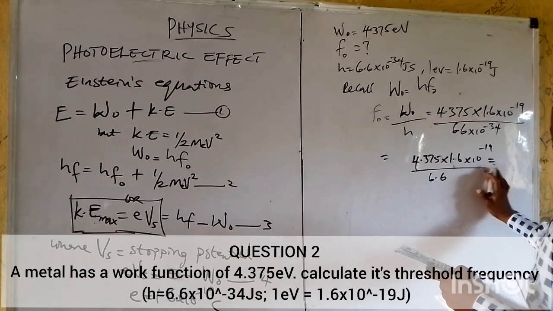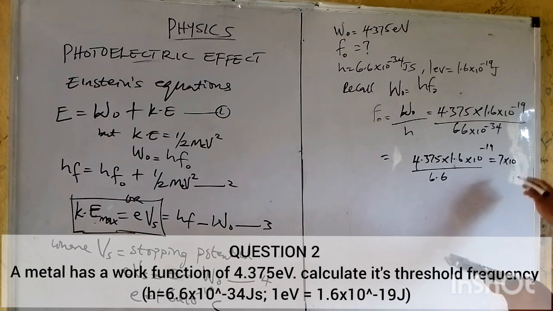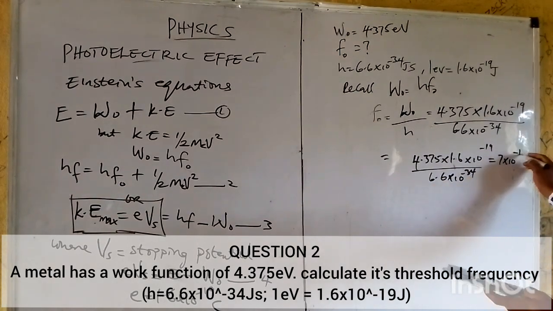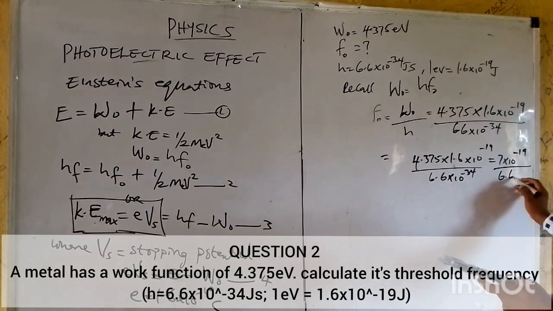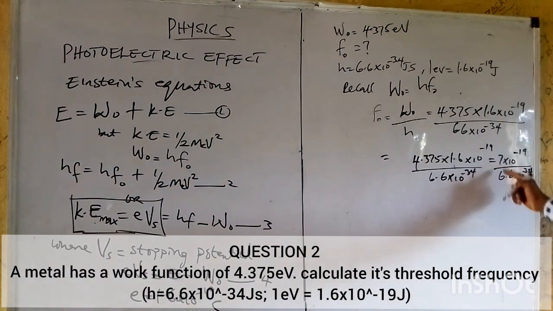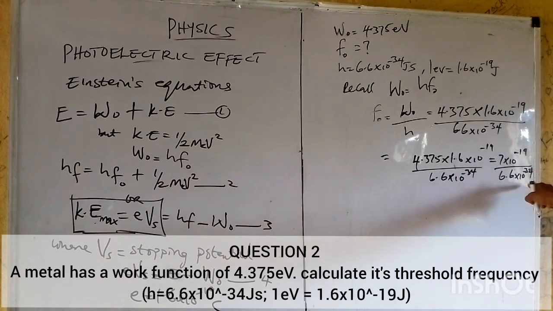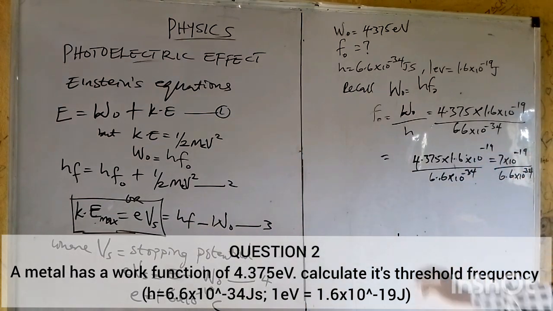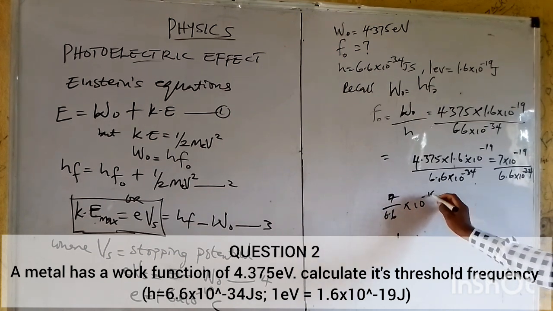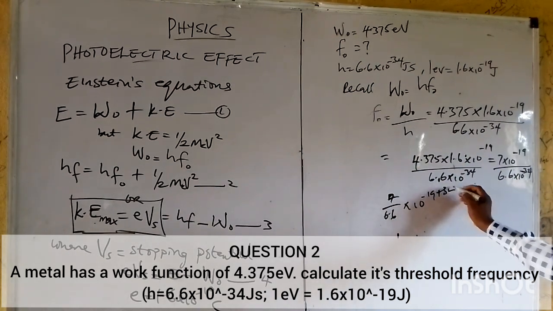Everything gives us 7 times 10 raised to the power minus 19 all over 6.6 times 10 raised to the power minus 34. Remember, these are high index numbers, so be careful with them. We have 7 over 6.6 times 10 raised to the power minus 19. When the minus crosses over, it changes to plus.